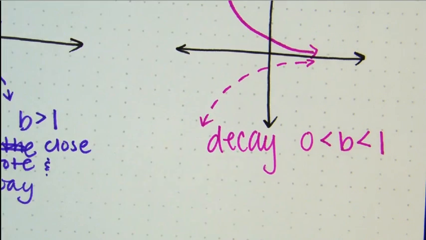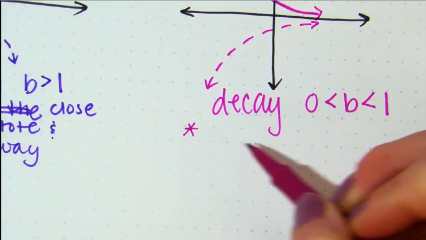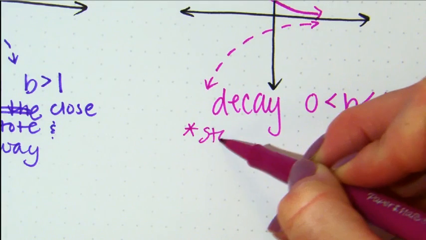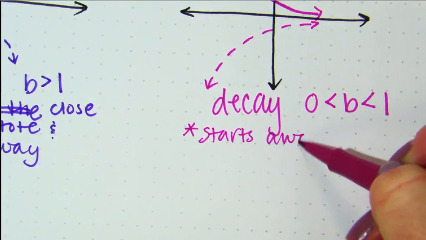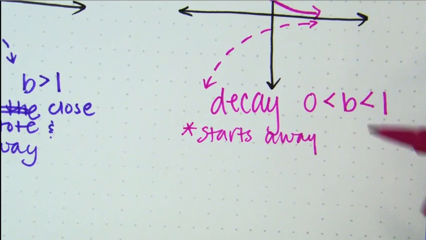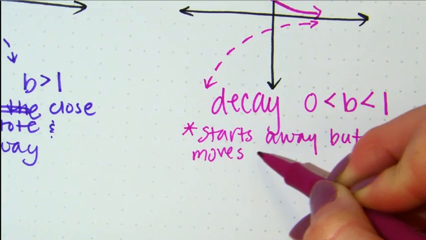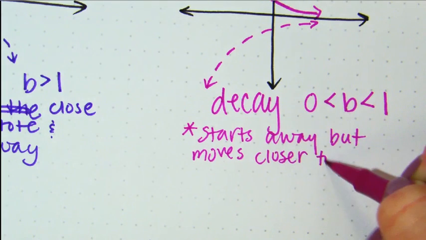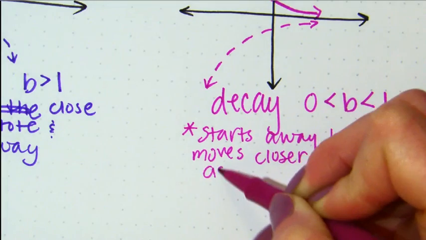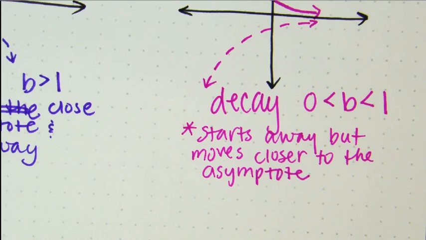So keep that in mind too. Putting this into words, it starts away from the asymptote but moves closer to it. So it starts away from the asymptote and then moves closer to it as we go left to right.